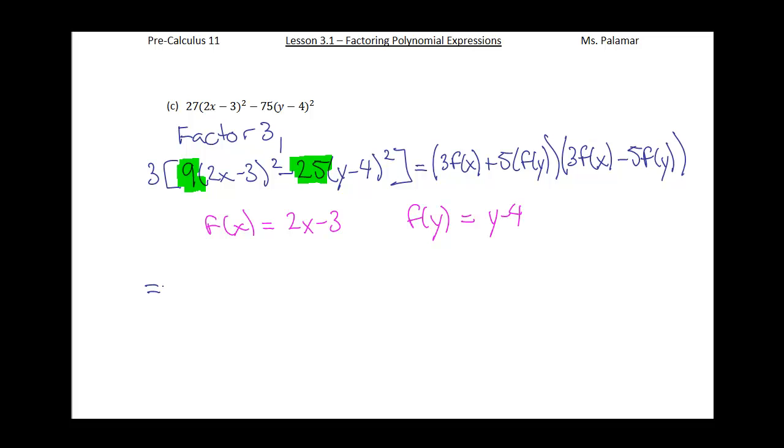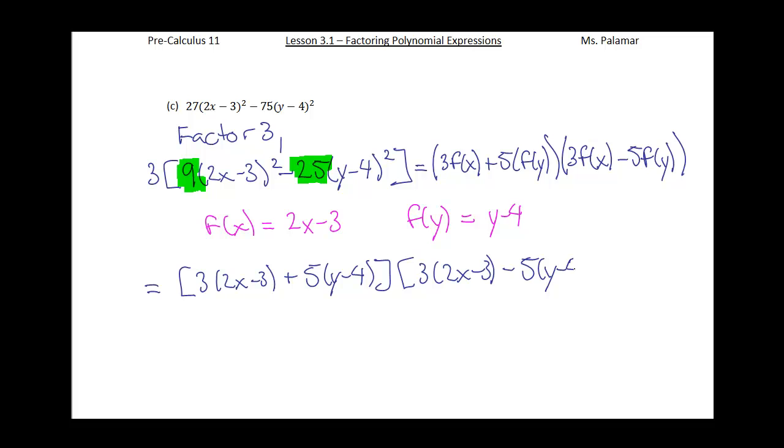All right, let's look at what we're going to find here. We have 3 onto 2x minus 3 plus 5 onto y minus 4 multiplied by 3 onto 2x minus 3 minus 5 onto y minus 4.